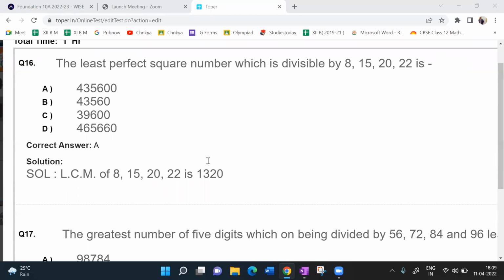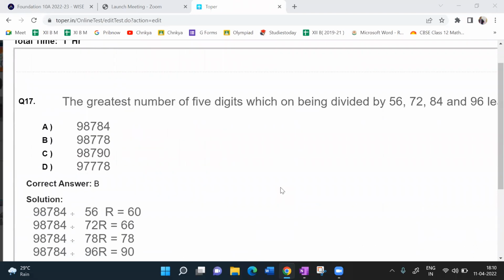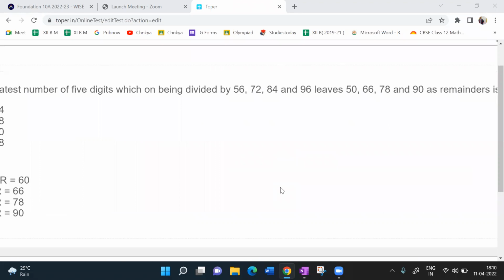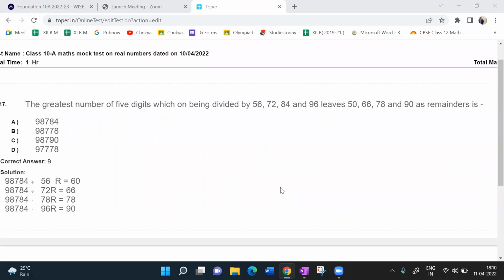I request every one of you to please respond immediately. For the 17th question, many of you didn't understand, so I'll teach you. The greatest 5-digit number which, on being divided by the numbers 56, 72, 84 and 96, leaves 50 as a remainder. You have to find 56 minus 50.